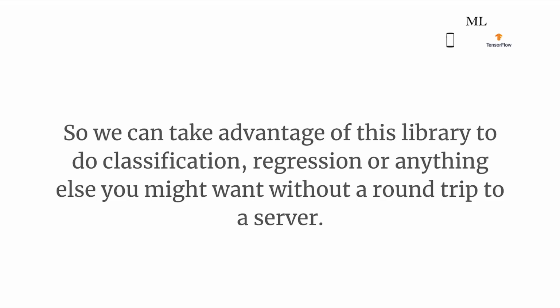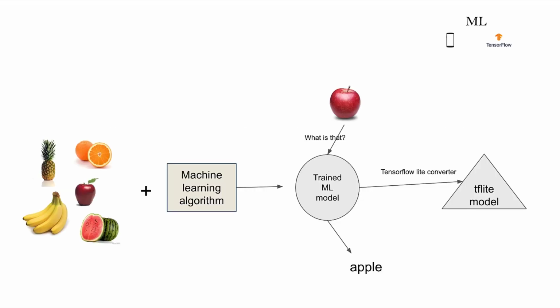So let's understand the use of this library with the help of an example. Let's say we want to train a machine learning model to recognize different fruits, like orange, pineapple, apple, watermelon, and banana. To train this model, we collect images of these fruits and pass them to our machine learning algorithm, and now we get our trained machine learning model.